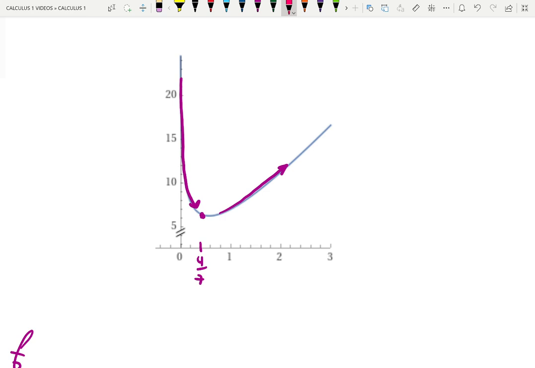The original function is always concave up. And this point over here is local, global minimum. Isn't it cool? So here is the result of analyzing the function that was called 7x minus 4 ln x.